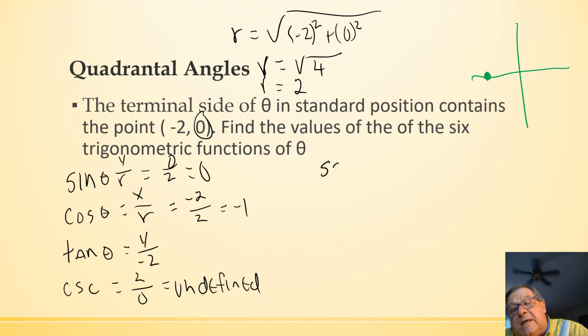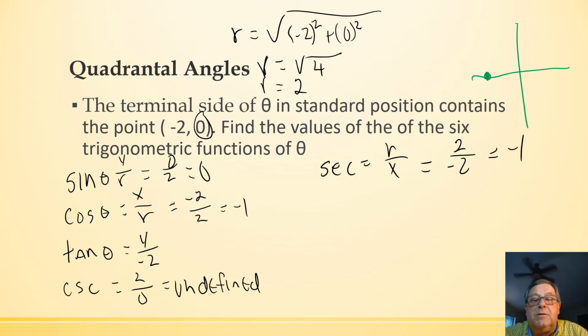The secant is equal to r over x. Well, r we said is 2 and x is negative 2, so this is negative 1. Cosine and the secant both are negative 1.